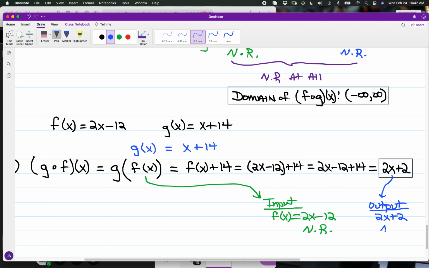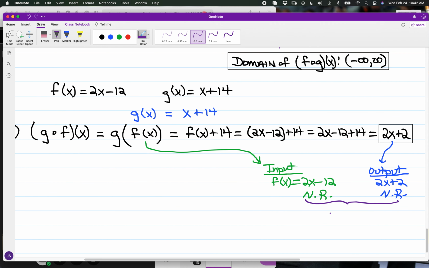This also has no restriction. So between the input and output, again, there is no restriction at all. And likewise, for the domain of g composed with f of x, like that which we have with f composed with g of x, we still end up with the set of all real numbers.